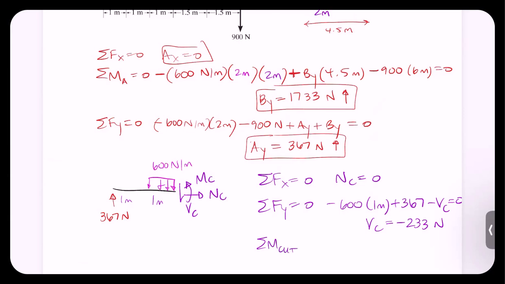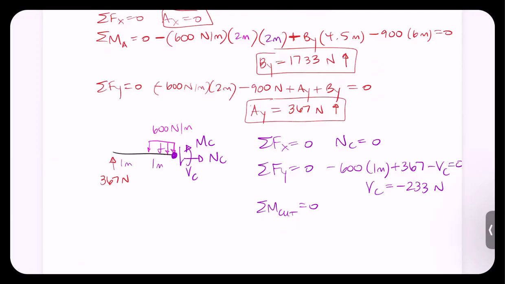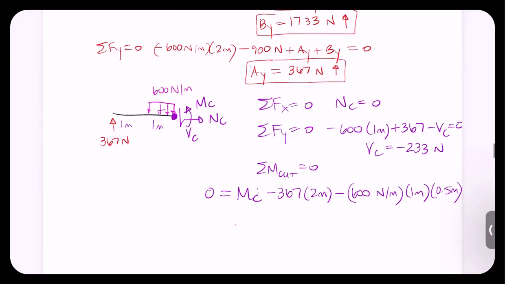Take my moment about the cut, so moment about here, and I've got 367 going clockwise 2 meters away minus my 600 newton per meter acting over 1 meter, half a meter away. And then I have the MC I'm trying to find, and that all should add up to 0.